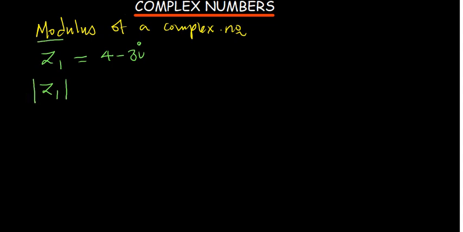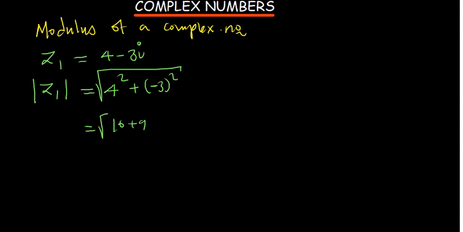Modulus or absolute value or length, it's all the same thing. You get the x coordinate, that is 4, you square it. You get the y coordinate, negative 3, you square it. Don't use the i, just use the number in front, and then what you get, you square root. It's x1 squared plus y1 squared and then square root. So 4 squared is 16, 3 squared is 9, square root of 25, and that is going to be 5. So this is the modulus of a complex number.